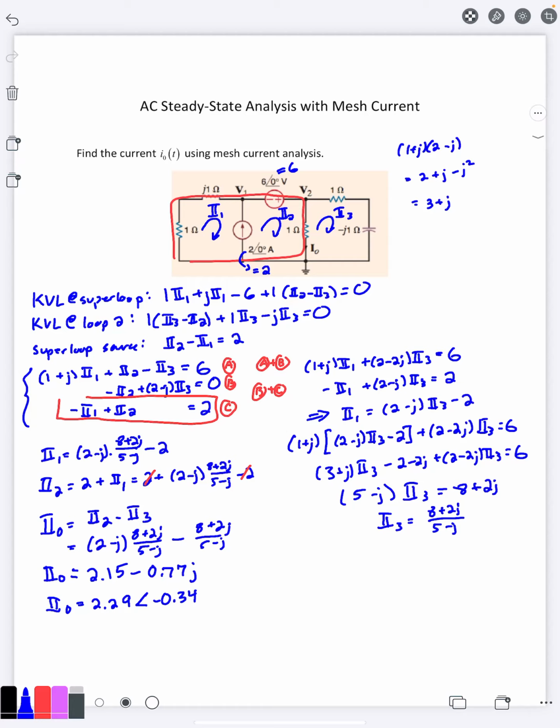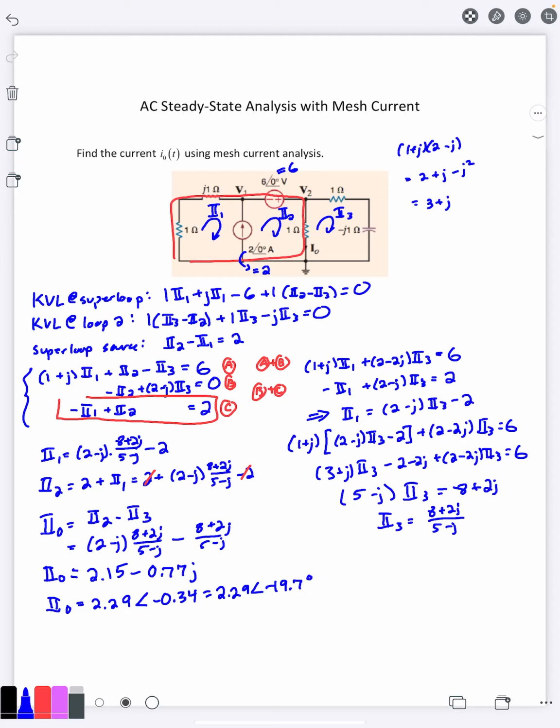Or if you'd rather have things in terms of degrees, we can do that as well. And so if we convert that into degrees, we are going to get the following number, 2.29, angle negative 19.7 degrees.